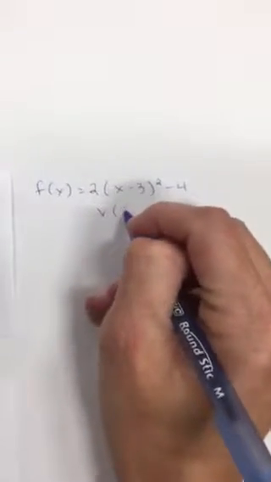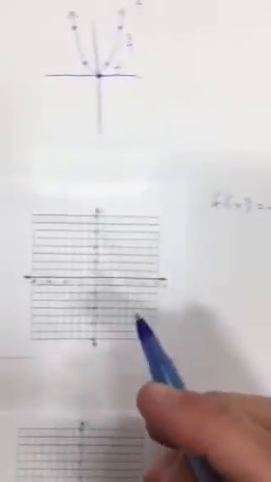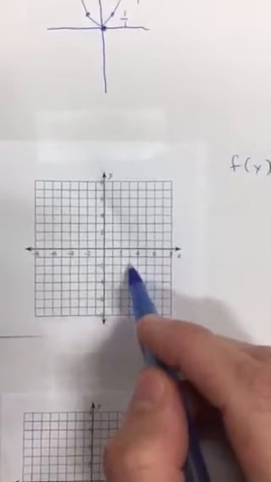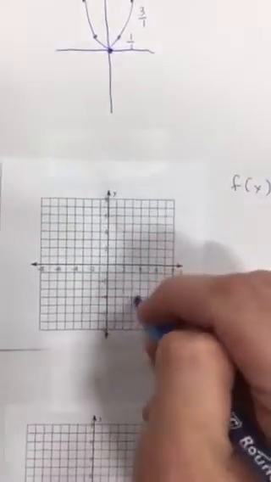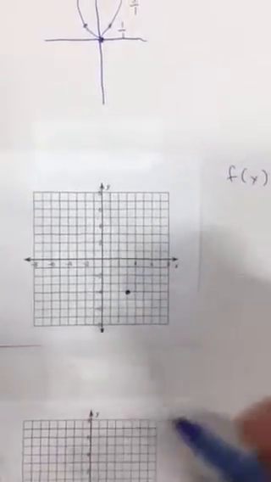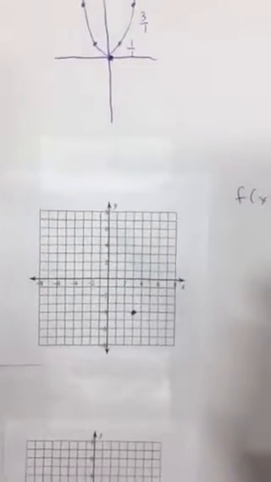So this vertex, I'm going to actually start with that. My vertex is shifted to the right 3 and then down 4. So in my graph, I'm going to go right 3, down 1, 2, 3, 4, and I'll put a point there. And now I'm going to dilate this function by a factor of 2.